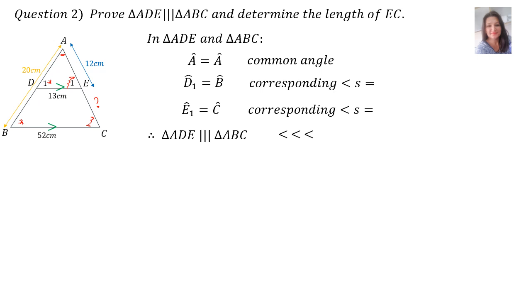Now, the second part of this question wants us to find the length of EC. In order to do that, we need to write down the ratios. So we can say, since triangle ADE is similar to triangle ABC, we can write down the ratio AD over AB is equal to the ratio DE over BC is equal to the ratio AE over AC.